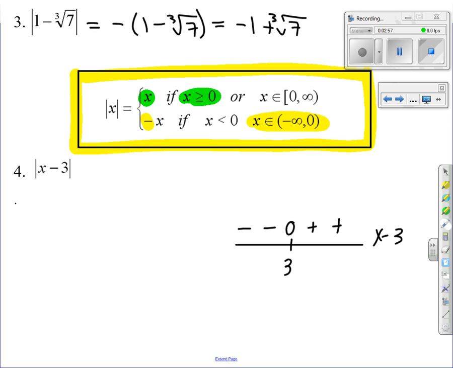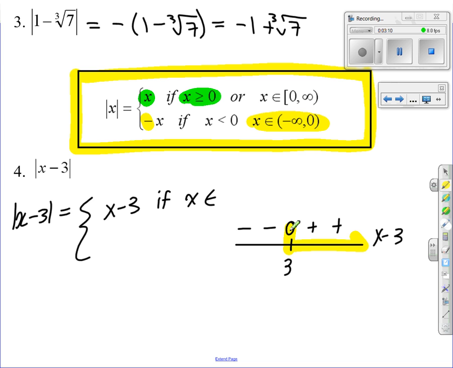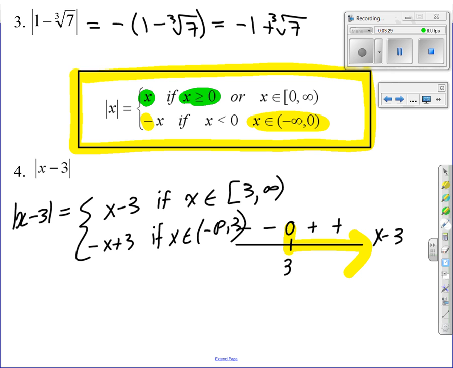So the absolute value of x minus 3 equals two different things. It equals x minus 3 if x is in the interval from 3 to infinity. But it will equal negative x plus 3, which means just putting the minus sign into it, if x is below 3, and that's an open bracket.